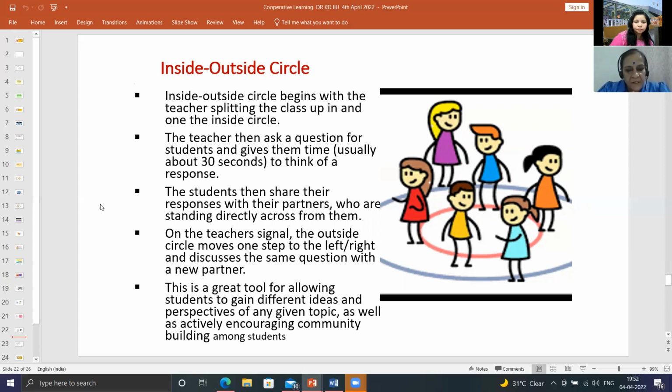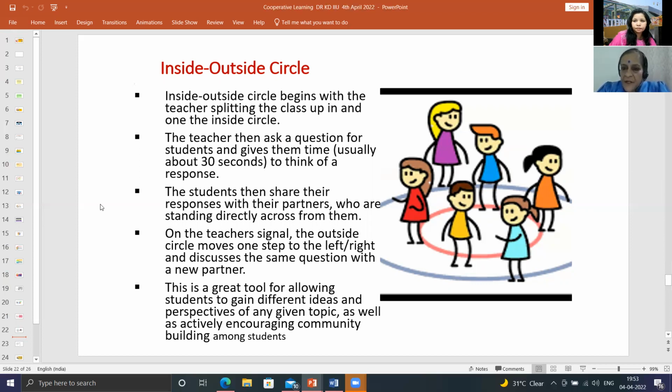On the teacher's signal, the outer circle moves one step to the left or right and discusses the same question with a new partner. In this way, this is a great tool for allowing students to gain different ideas and perspectives on any given topic, as well as actively encouraging community building among students.